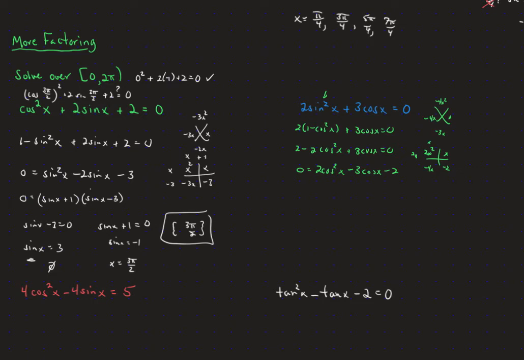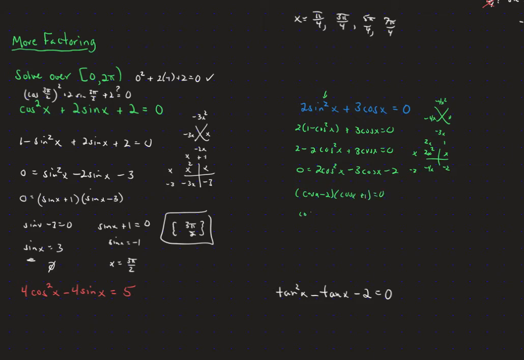Is that right? I'm going to do that the other way. Let's call this the x and this the 2x. That would make this the 1 and this the negative 2, and that's going to work for us. So that's going to become cosine x minus 2 times cosine x plus 1 is 0.